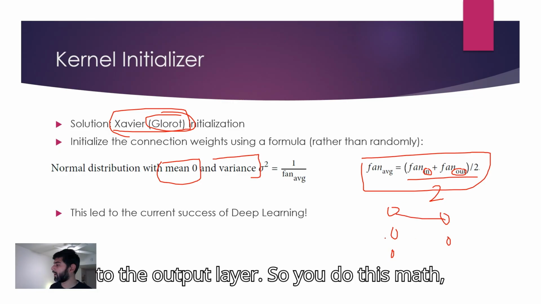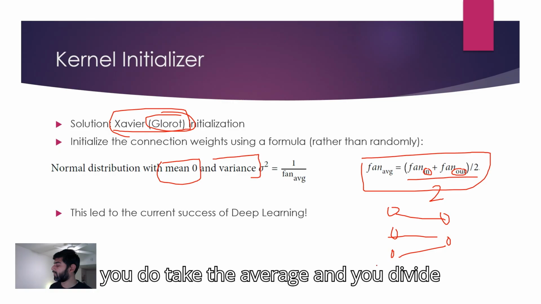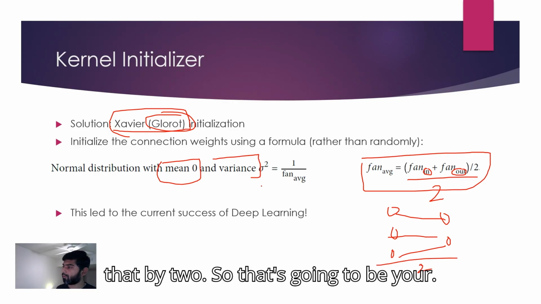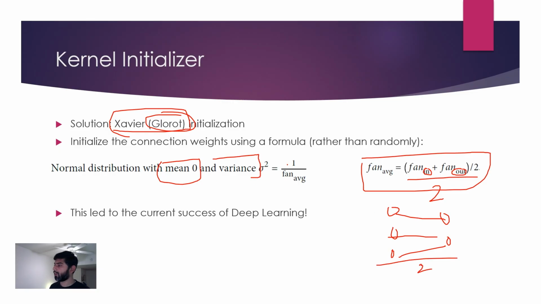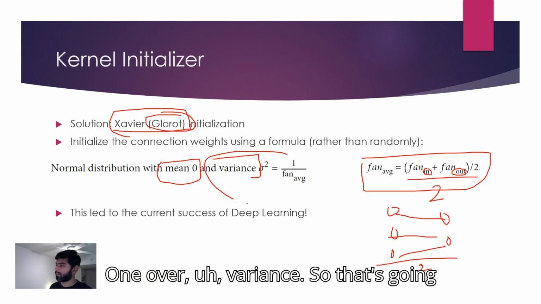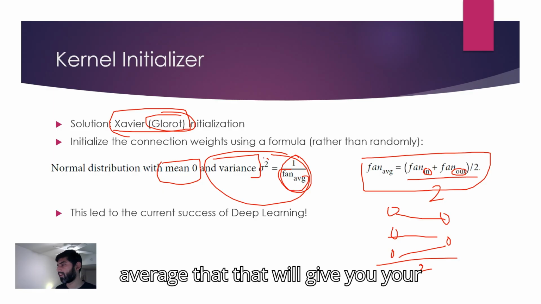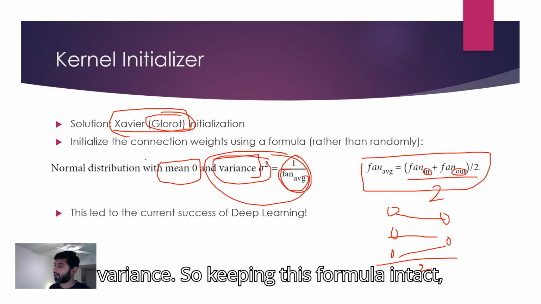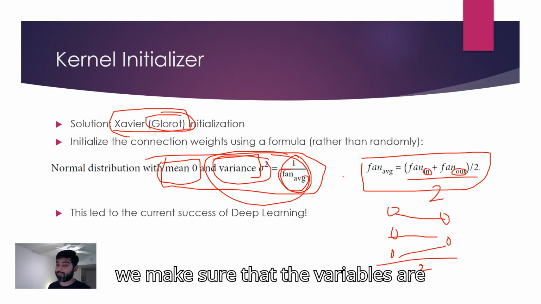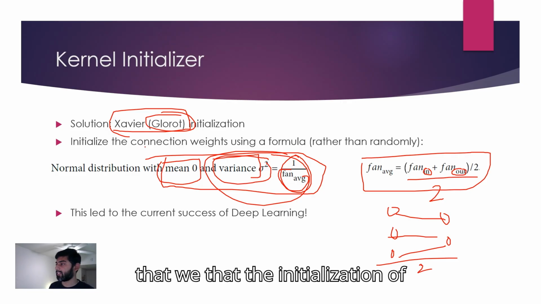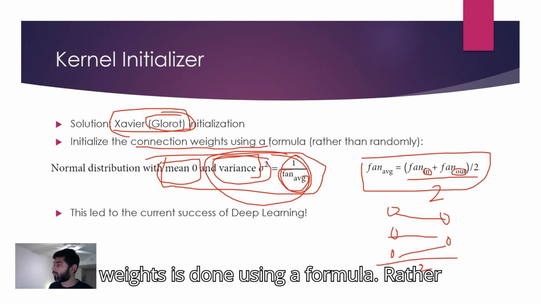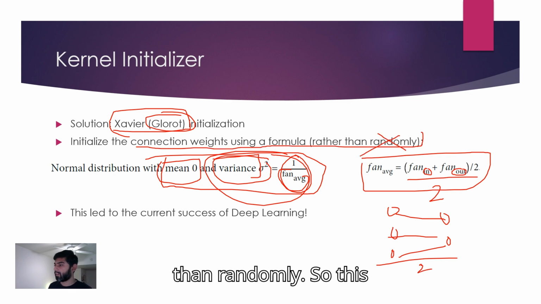So you do this math, take the average, and that's going to be your fan average. Your variance will be 1 over the fan average. So keeping this formula intact, we make sure that the initialization of weights is done using a formula rather than randomly.